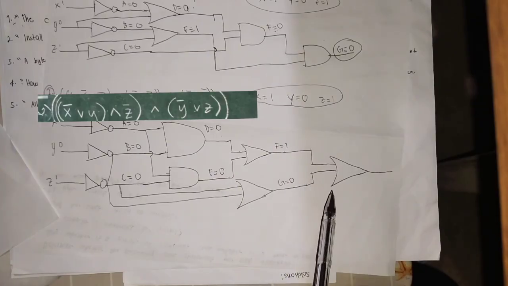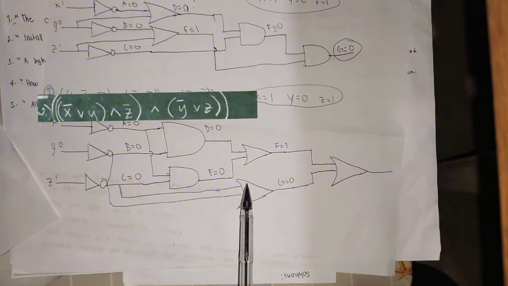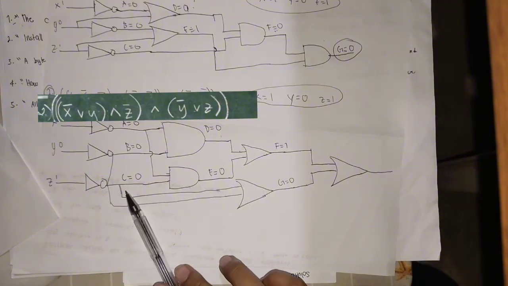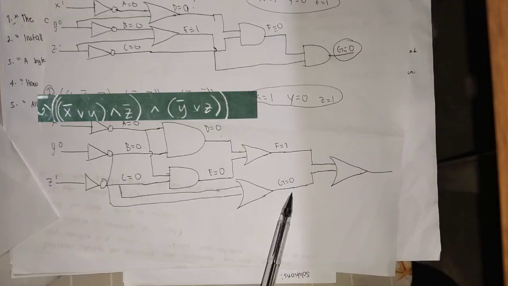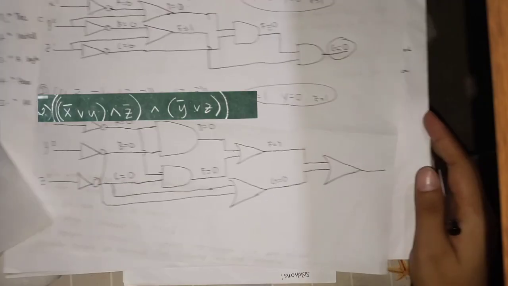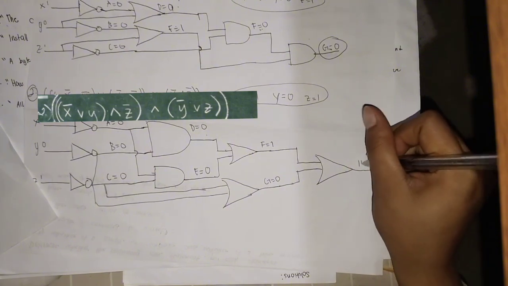This NOR gate takes C, which is a 0, then G, which is a 0, as input. Since both are 0, H is 1. The H is equal to 1.